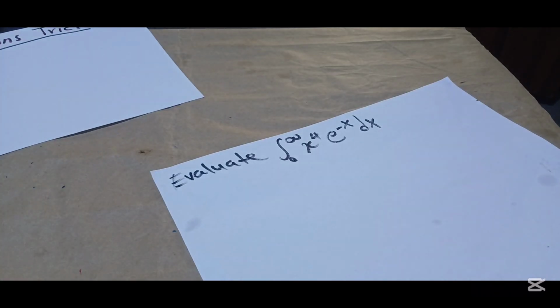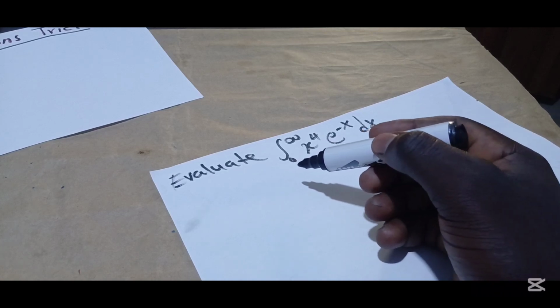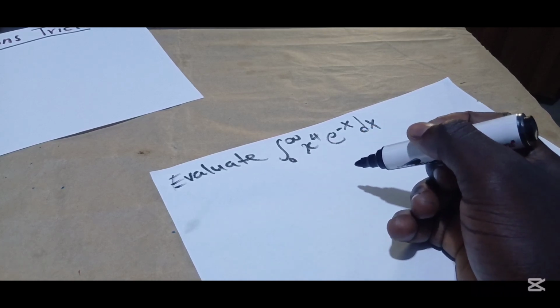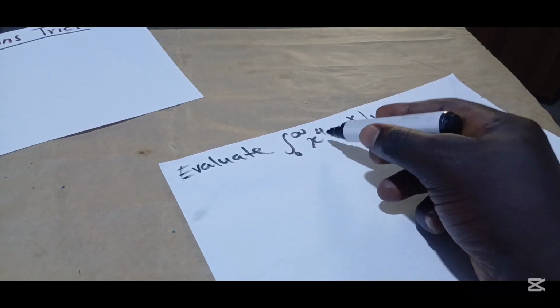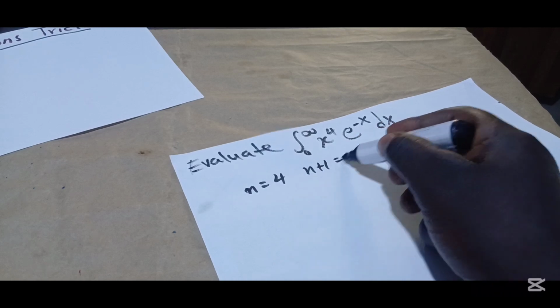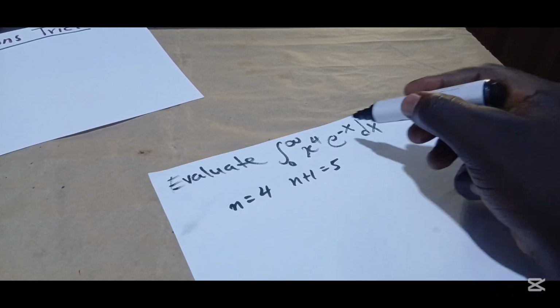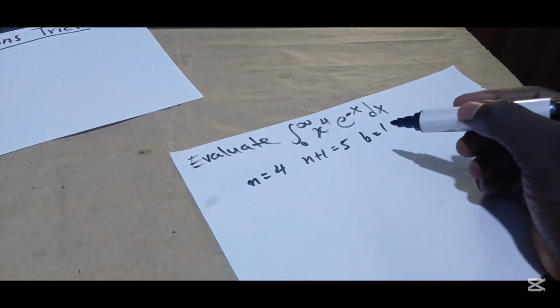Evaluate integral from 0 to infinity x to the power 4 e to the power negative x dx. Now, looking at this, you can see that the limit is from 0 to infinity. So you can use the idea of gamma functions to solve this. So our n here is 4, and our n plus 1 is going to be 4 plus 1, which is 5. And our b is 1, not negative 1, but 1.